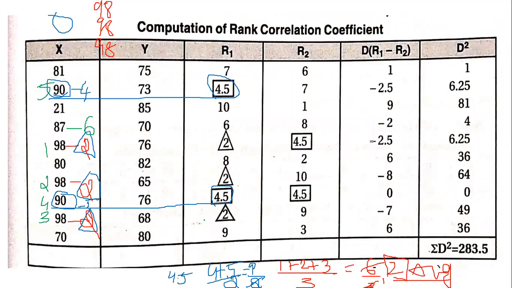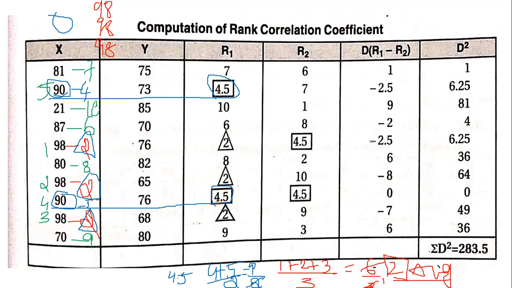Then after 87, before 80 we have 81. So this 81 will get 7th rank. 80 will get 8th rank. Then what else I have? After 80, 70. 70 will get 9th rank. 21 will get 10th rank.